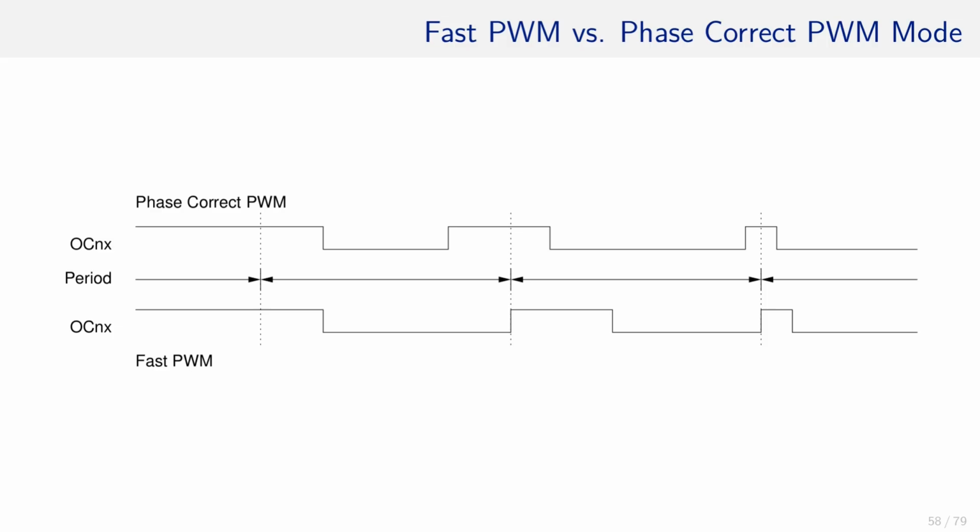In the phase correct PWM mode, the high signal is centered around the beginning of the period. That means one half of the high signal belongs to the previous period and one half of the high signal to the next one. So if OCRnX is changed, that width is changed at the beginning of the period.